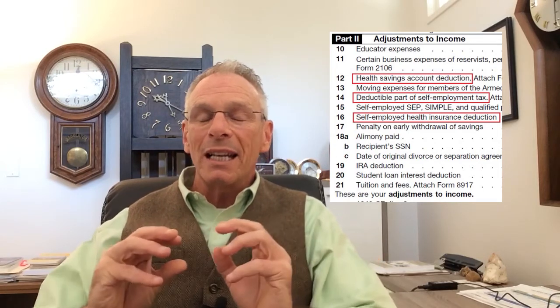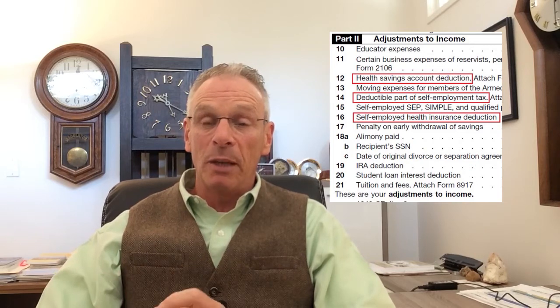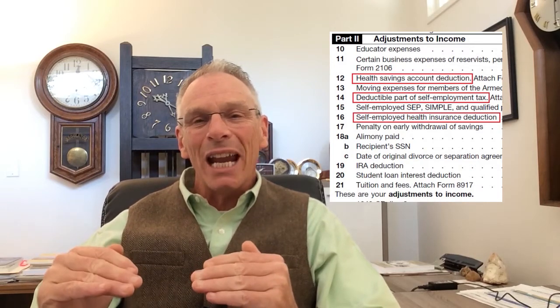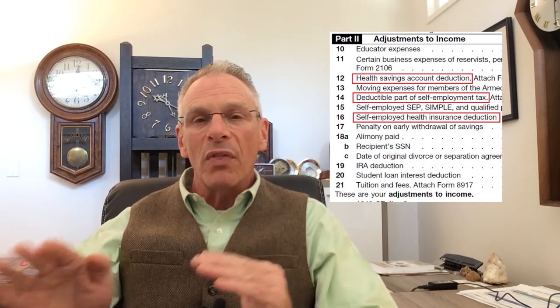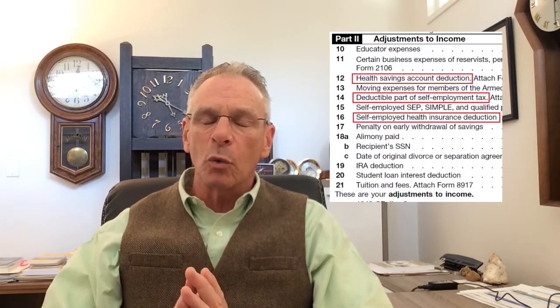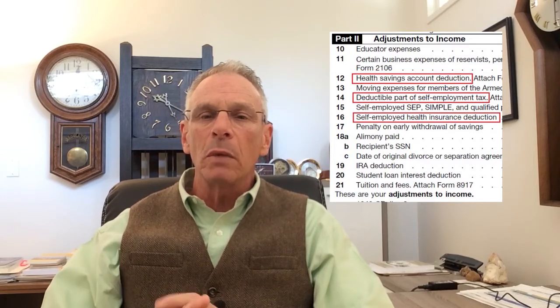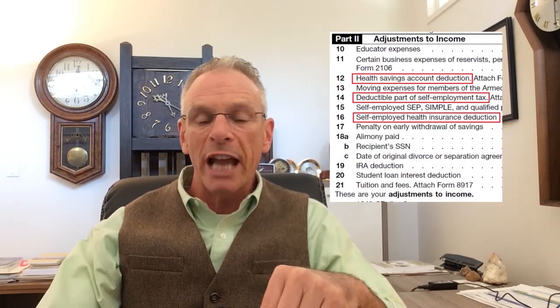You're only deducting that part which you're actually paying to the carrier after the subsidy. And this can change. There's a circular reference that goes on between that and Form 8962. It gets really complicated. The IRS is aware of it. If you have any questions, go ahead and call me. But it usually gets pulled through when you do your taxes. All of that goes to reduce your adjusted gross income.